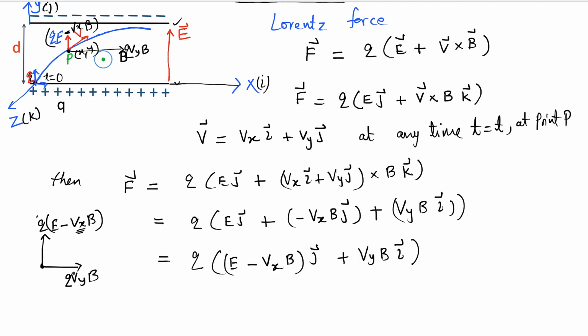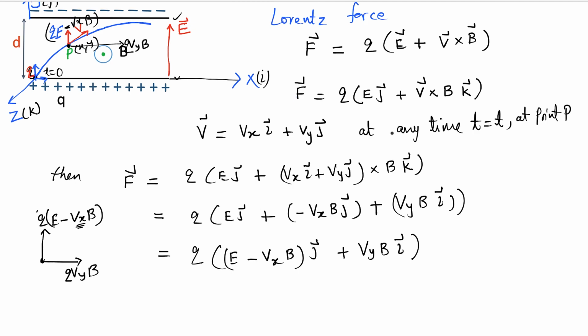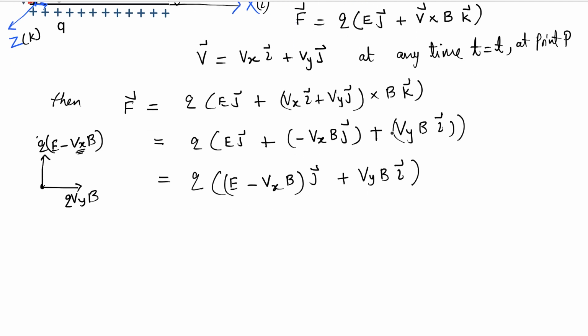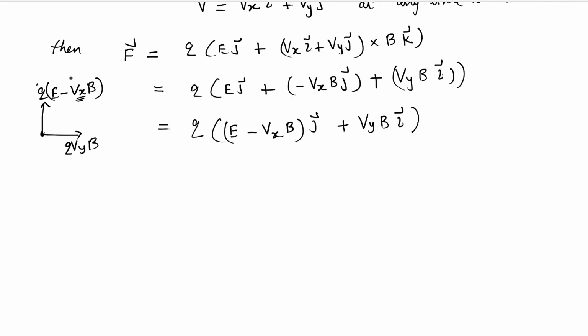So eventually, if B is not large enough, then this particle will not be able to reach this plate. And that's the question: what should be the minimum B? Now let's see how to proceed further. So let's write the force in the X direction, because we can also write F as Fx i plus Fy j.